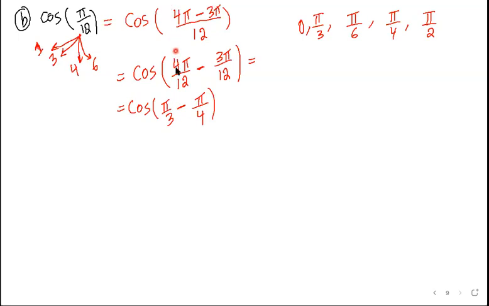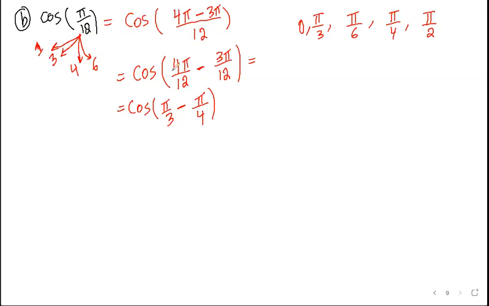So now it's good; this works. There is another way: if you think more, you can find pi over 4 minus pi over 6 too. But I recommend these values because they are easier.